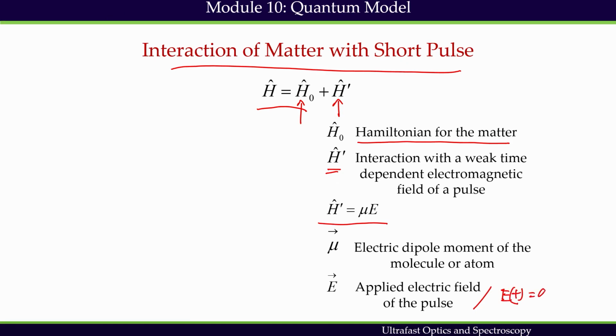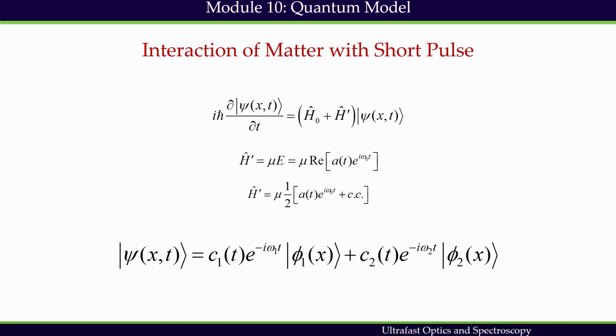E of t equals A of t, the envelope function, times e to the power i omega naught t. Omega naught is the central frequency of the pulse, A of t is the envelope function, and mu is the electric dipole moment of the molecule. So, the electric dipole moment of the molecule is interacting with the electric field of the applied beam.